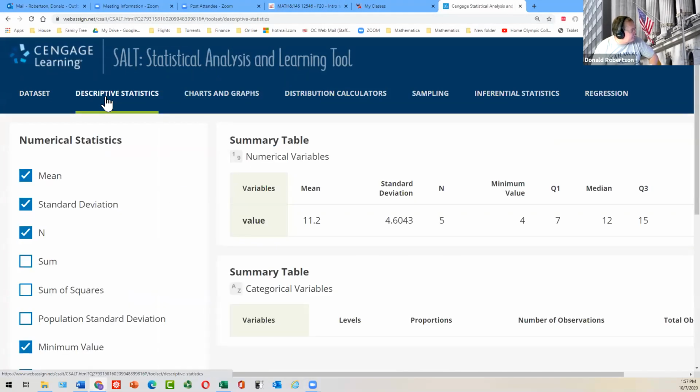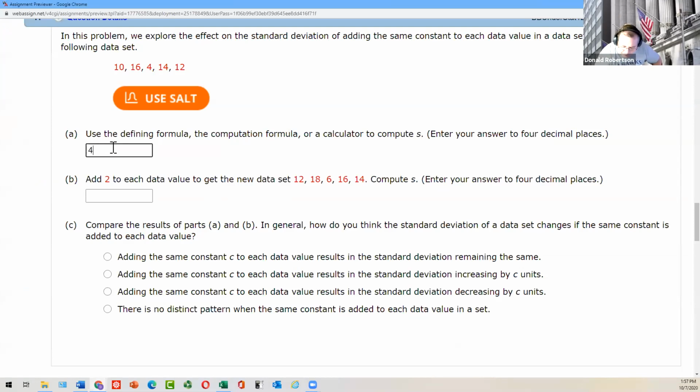If I hit descriptive statistics, can you see standard deviation is 4.6? So that was even quicker than the way I showed you. So that number was 4.6. Oh, I should look, how much accuracy did the question want? Oh, 4 decimal places. 4.6043 then, just to keep them happy.